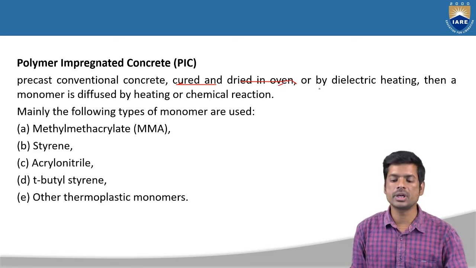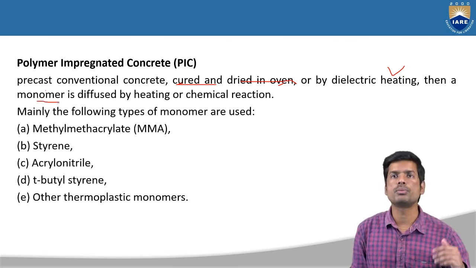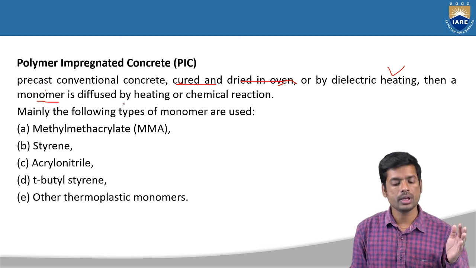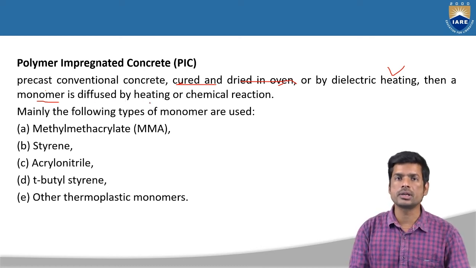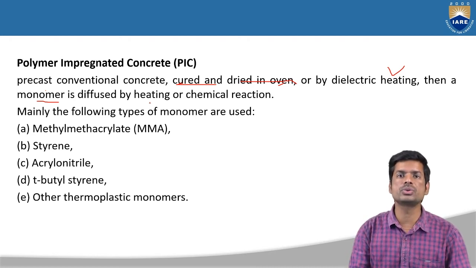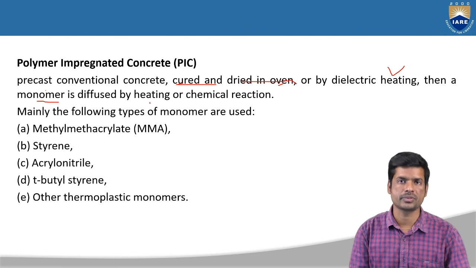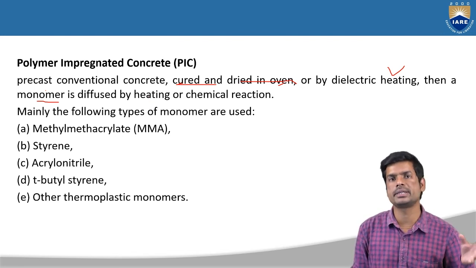After drying with dry electric heating or a normal oven, we are going to diffuse the monomers of polymers into the concrete material by heating or chemical reaction. These monomers of polymers are diffused into the concrete by heating.